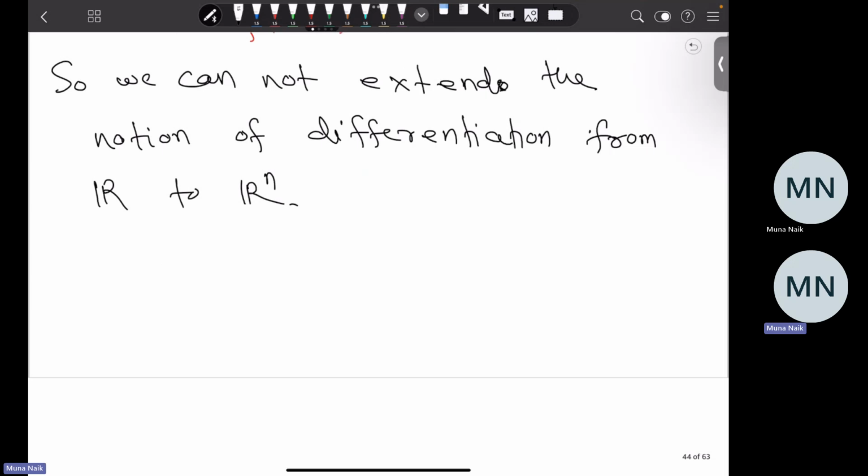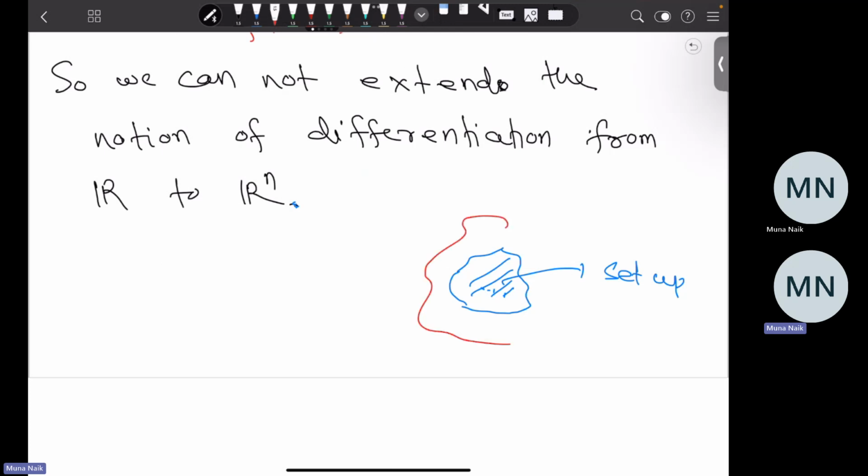In mathematics, actually, what happens? Suppose some concept, notion or definition is there in some class, or on a simple setup, but we want to extend that concept to a much bigger class.